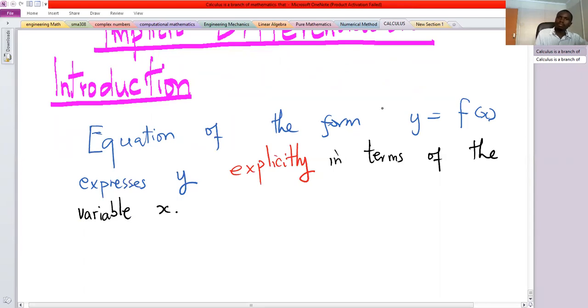So if you have y equals f of x, then y is explicitly expressed in terms of the variable x.